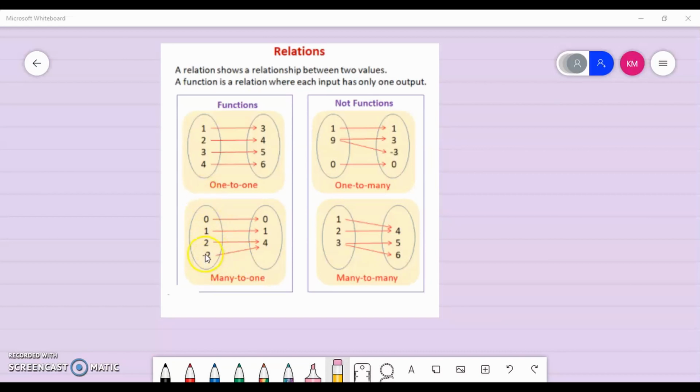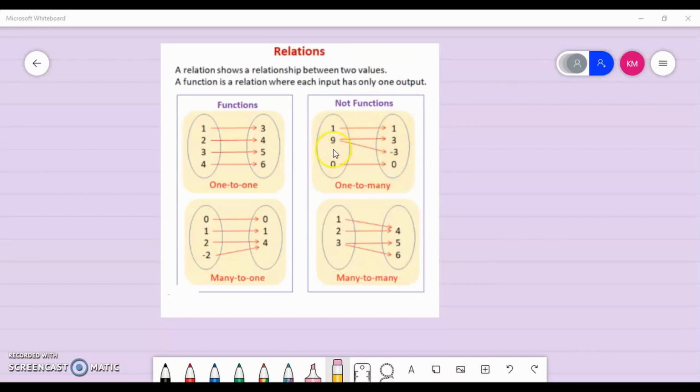So I am seeing here that in my domain, two elements are being mapped onto one element in my range. So this means that this relation is many-to-one. Let's look at one-to-many. I'm seeing one element of my domain mapping onto two elements in my range.